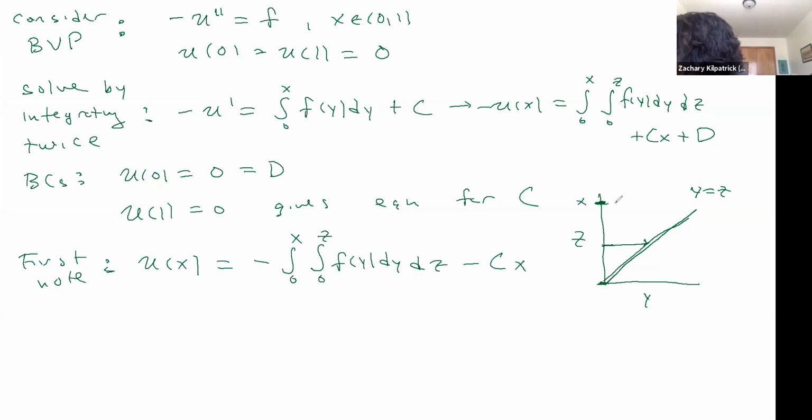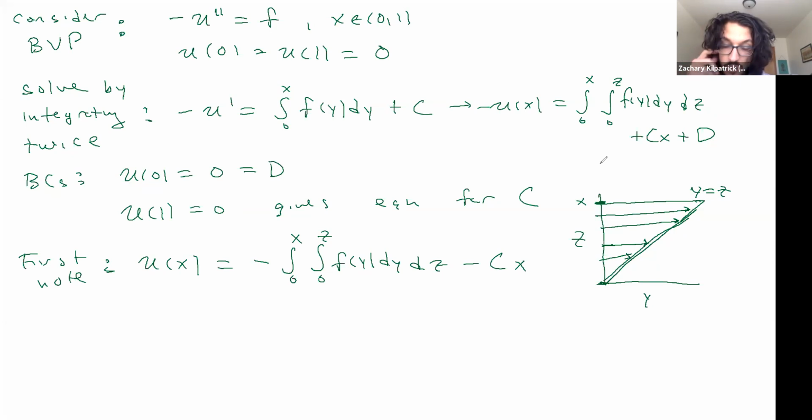So that means that I have this right triangle that gets integrated over. So this two-dimensional integral, I integrate from 0 to z in y, and then I integrate z from 0 up to x. All right, so I got that right.